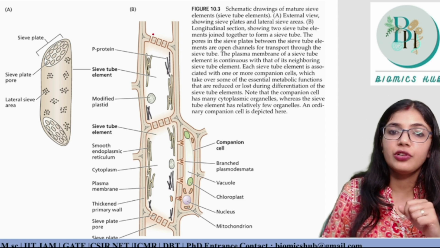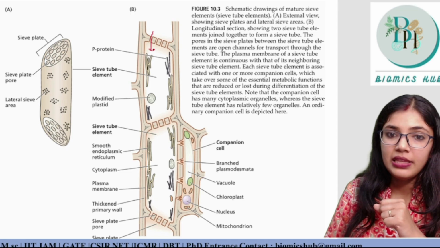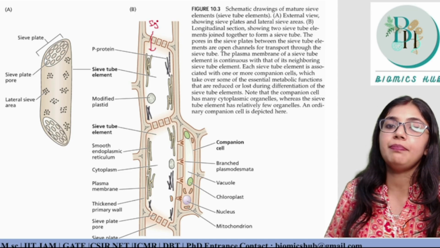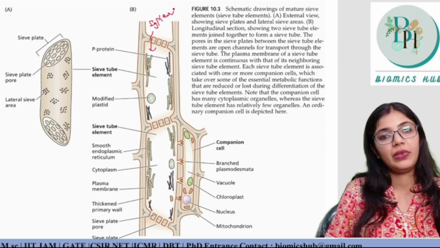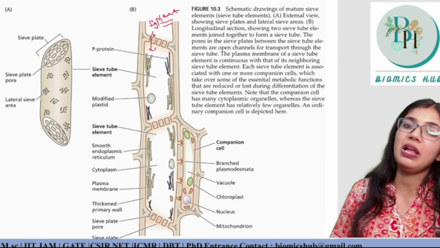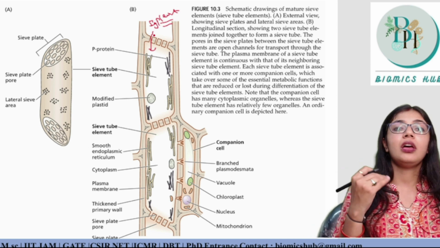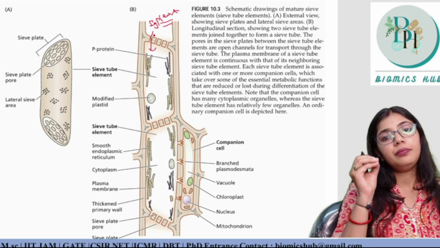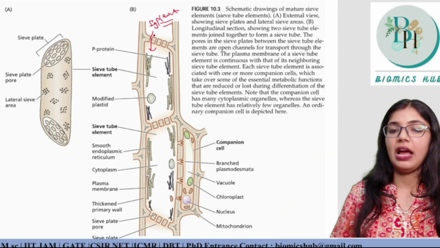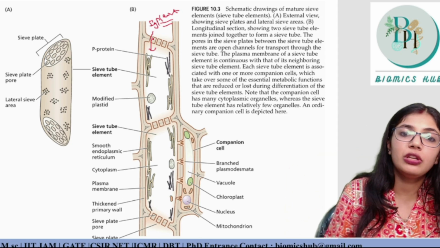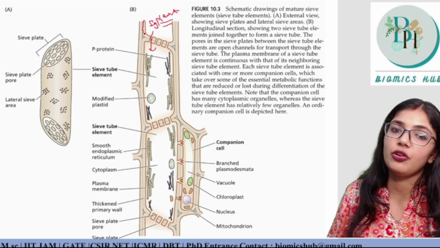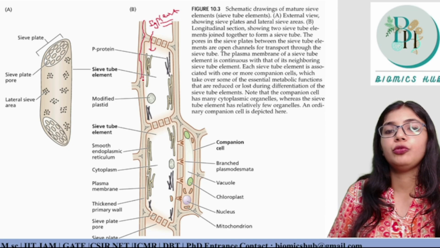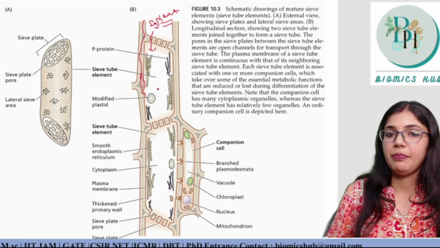If it is transferred through the plasmodesmata, it is transferring in the symplast form. Symplast means transfer of sucrose using the plasmodesmata. If it is apoplast, it will not cross the plasmodesmata, it will move through the cell membrane.